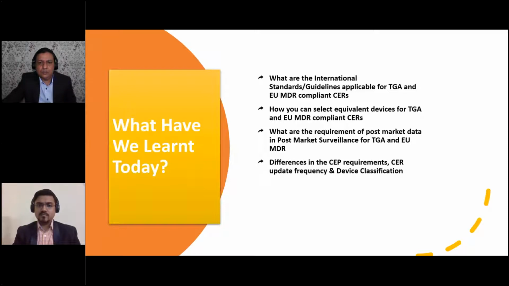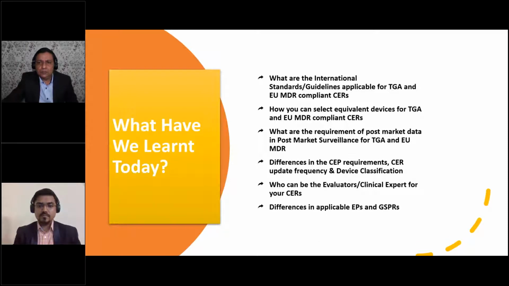What are the requirements of post-market data and post-market surveillance for TGA and EU MDR? The differences in the CEP requirements, CER update frequency, and device classification, and who can be the evaluators or clinical experts for your CER. Are there any questions that anybody would like to put to the panel?